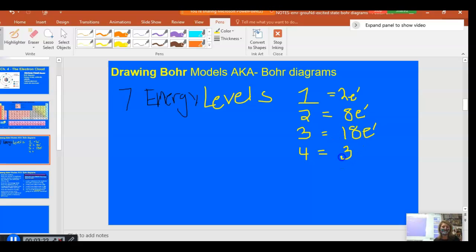It can hold a maximum of 32 electrons. Energy levels 5 through 7 are identical to energy level 4. So each of them, 5, 6, and 7, can hold a maximum of 32 electrons.